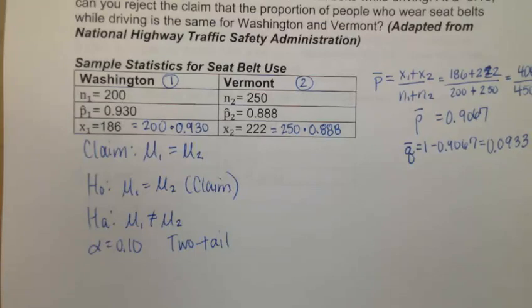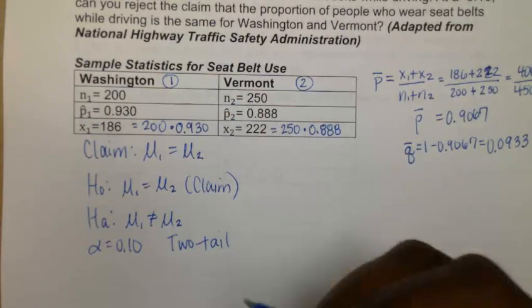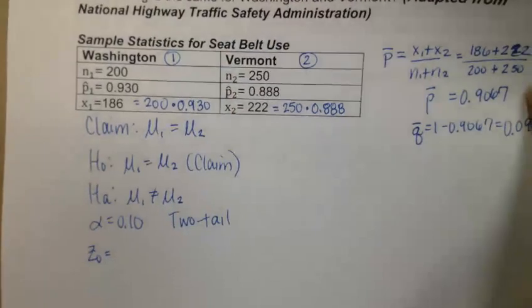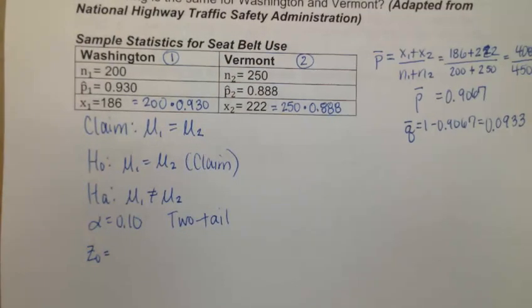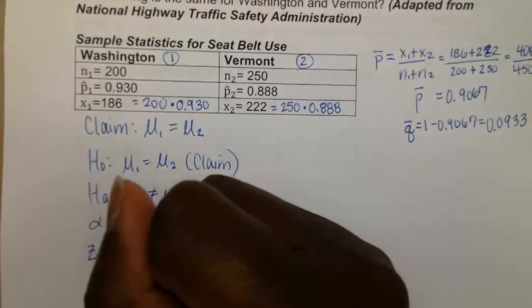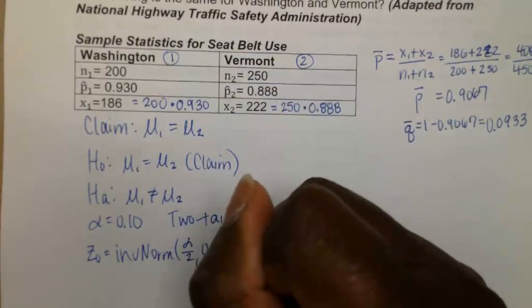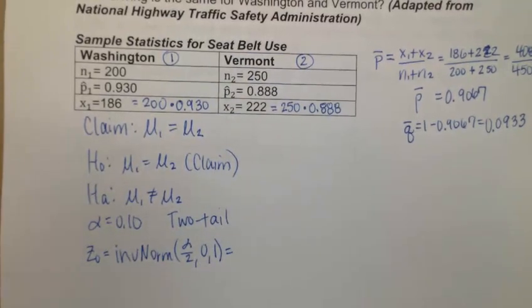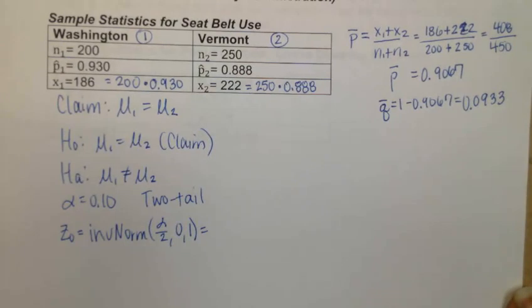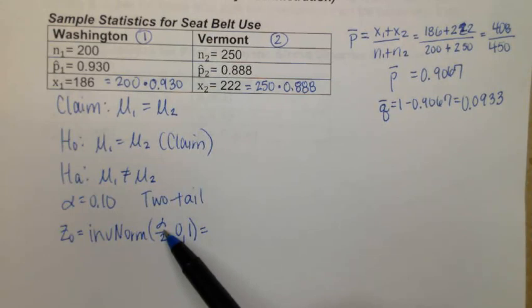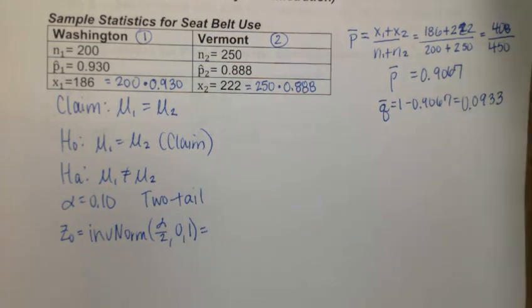If you're using the p-value, you're going to put the information in the calculator. For those using the formula, let's work out our critical value first, critical value z naught. This is two-tail, so we take our level of significance and divide it by 2. If you're using the table, you would take this level of significance divided by 2 and find that area on your table.